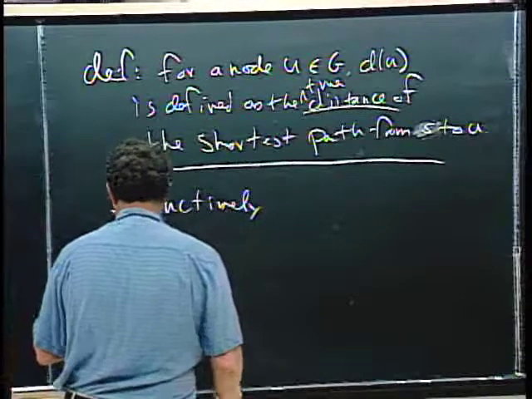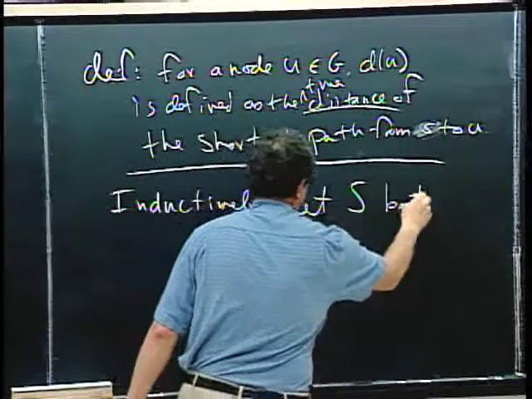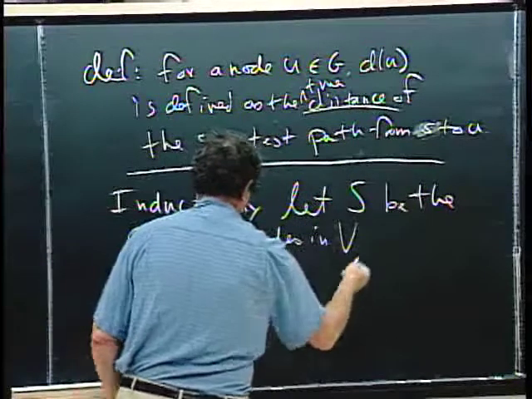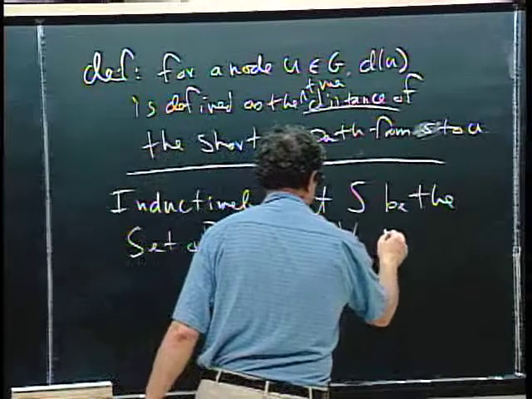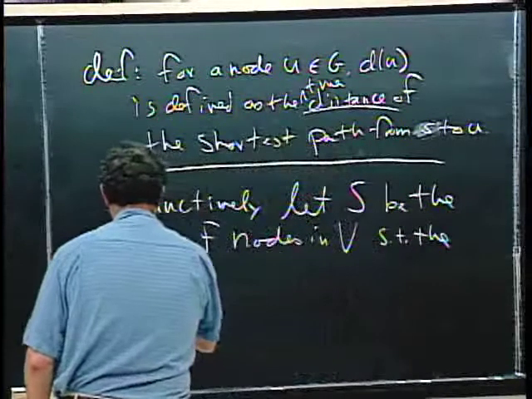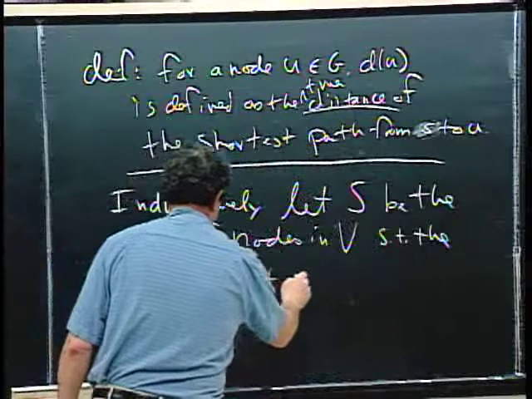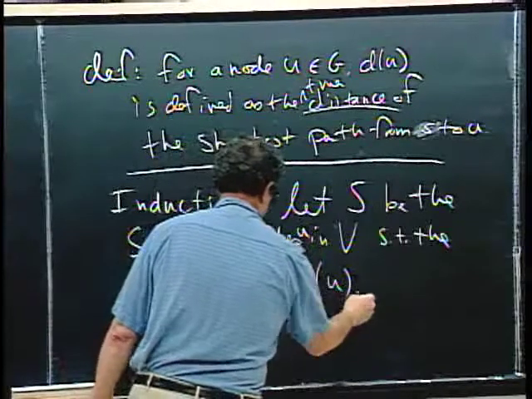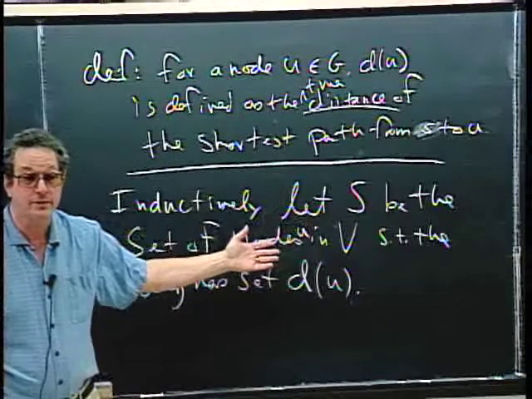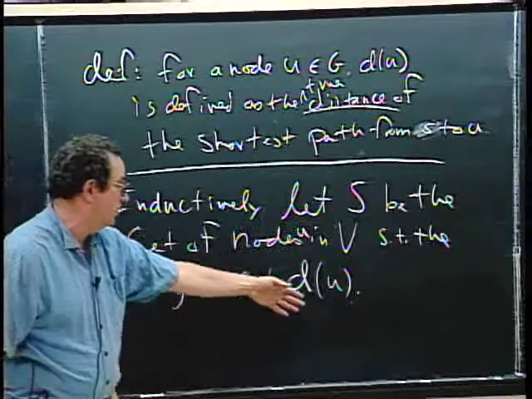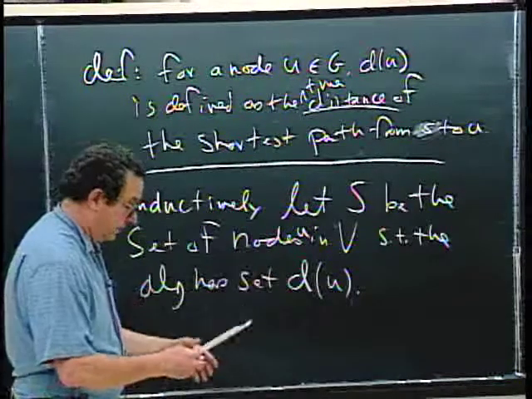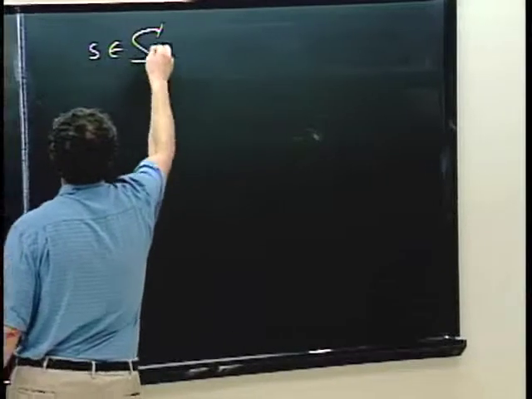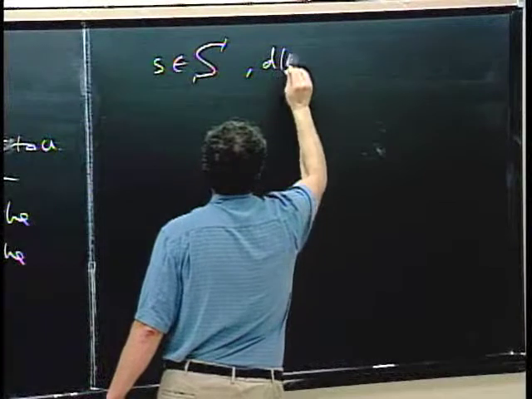Okay. So inductively, as the algorithm proceeds, we're going to let capital S be the set of nodes U such that the algorithm has set D of U. In other words, S is going to be the set of nodes where the algorithm thinks it has already correctly computed the distance D of U. So initially we're going to start out with little s contained in big S, and the algorithm is going to set D of little s equal to 0.